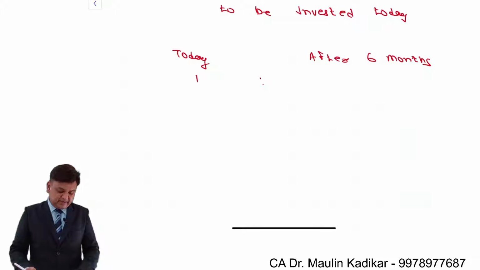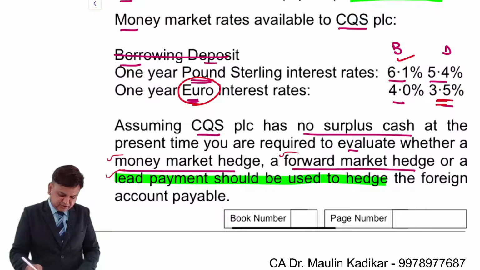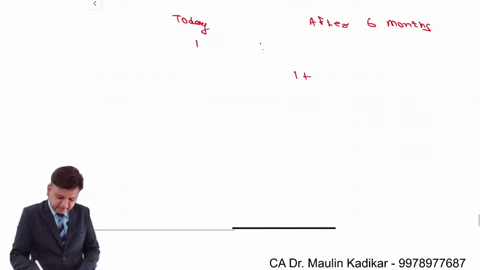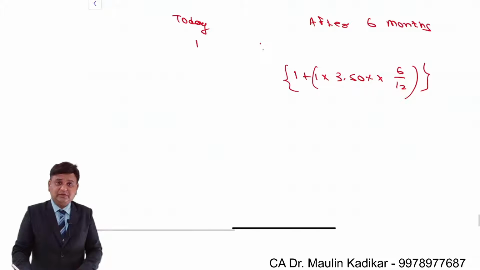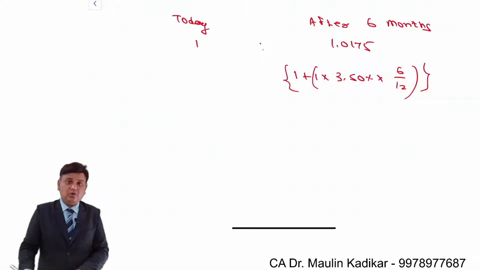If at all today I make investment of 1 euro, then in that case the maturity amount of the deposit will be 1 plus 1 into 3.5% into 6 divided by 12. So the maturity amount of the deposit will be 1.0175.